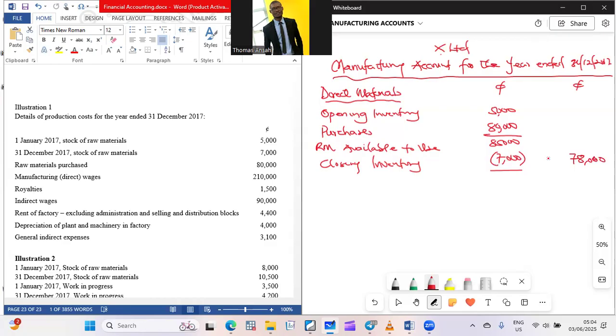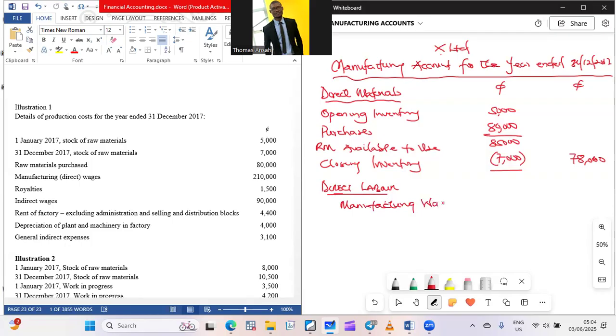After material, where do we go to? We go to labor, right? The direct labor. And per the examples we had under direct labor, which one can we use? We have manufacturing wages.